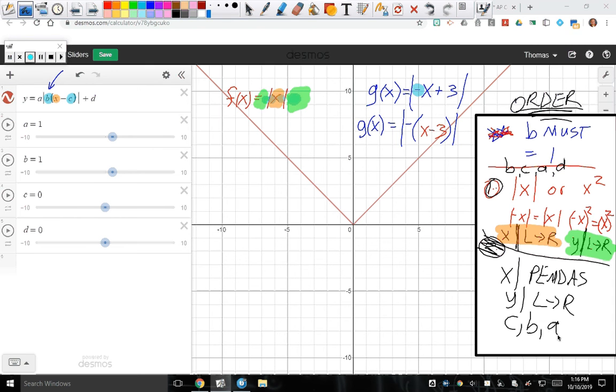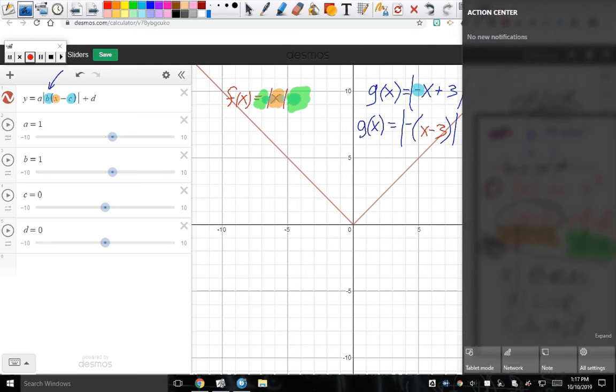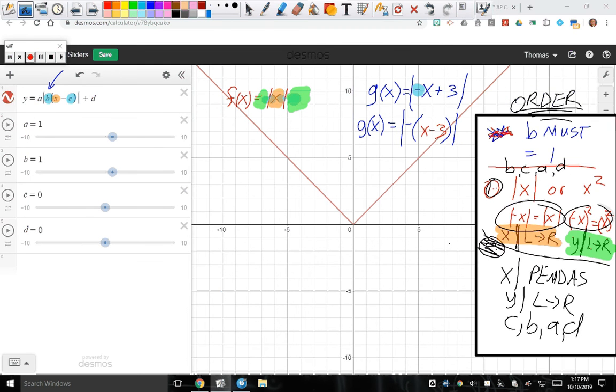Wait, why? Why is the question? It all revolves around that these are the same and these are the same. And I'm about to show you why. I'm about to show you right now. So let's say that I'm looking at this function that I just created.